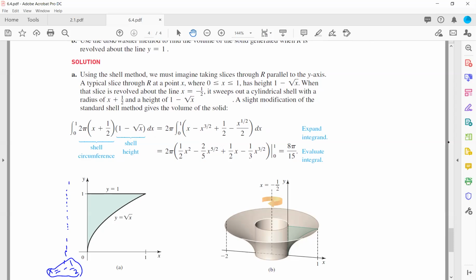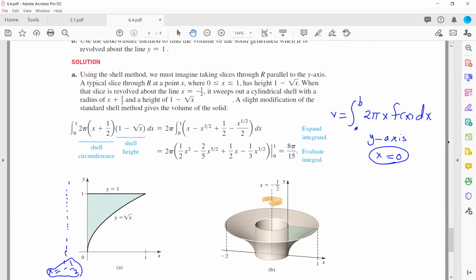So remember the formula. V is equal to the integral from a to b of 2 pi x f of x dx. Revolving around the y-axis, when you have the y-axis, it means that you're working with the line x equals 0.